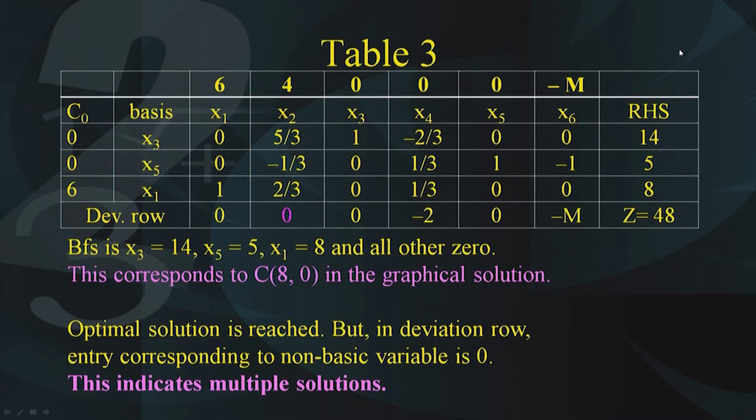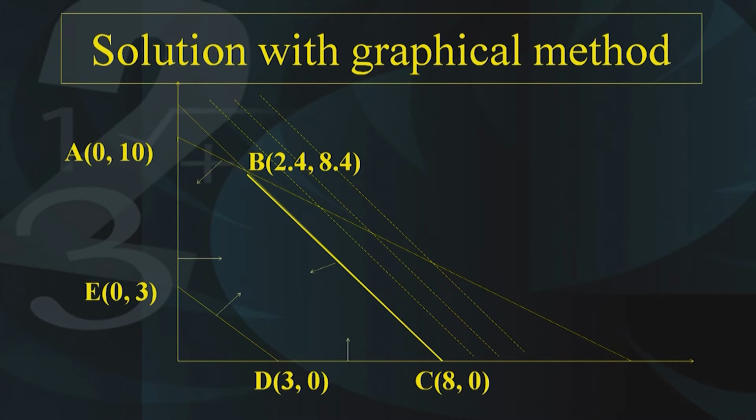This BFS corresponds to the point C, given by 8, 0, because x1 is 8, but x2 is 0. So, this BFS which we have obtained in table number 3 corresponds to the point C given by 8, 0 in the graphical method.